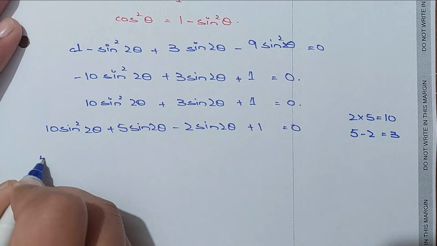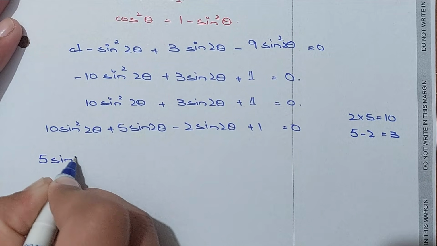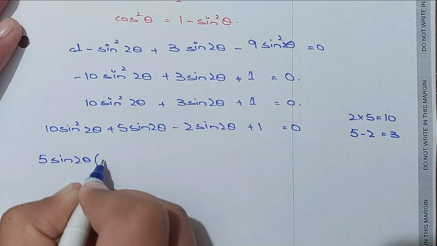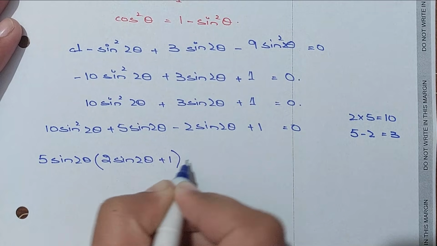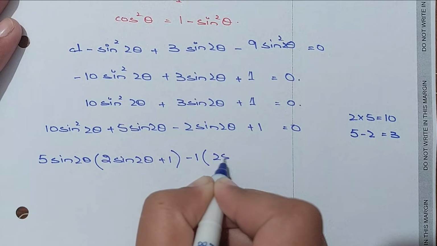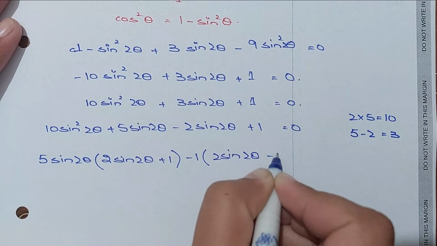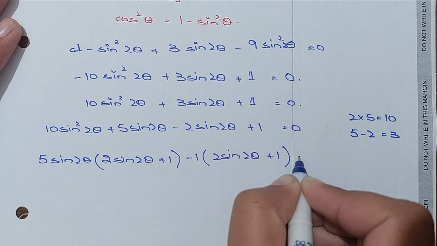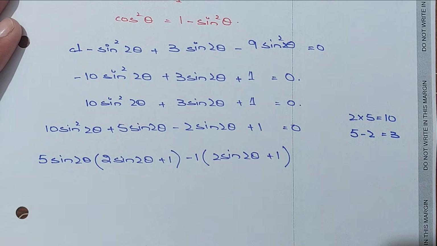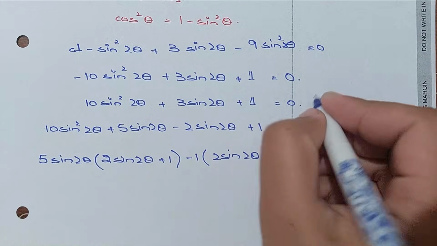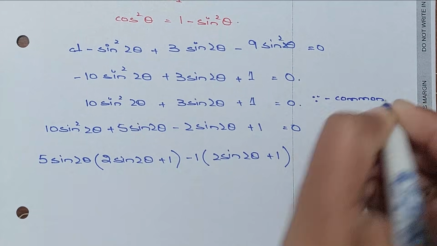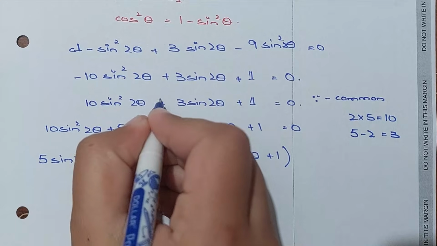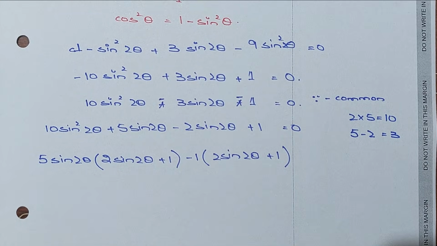So let me take 5 common and sine 2 theta common. 5 times 2 is 10 and sine 2 theta is left plus 1. Take negative 1 common, 2 sine 2 theta and minus plus 1. Wait a second. Here we are taking the negative sign common. So this is positive, this becomes negative, and this becomes negative.